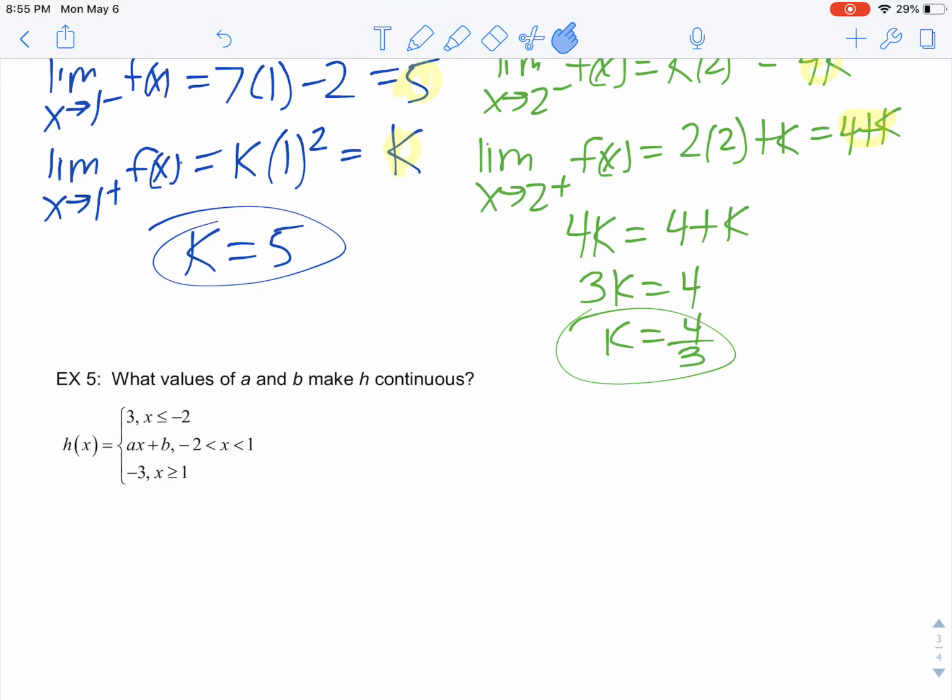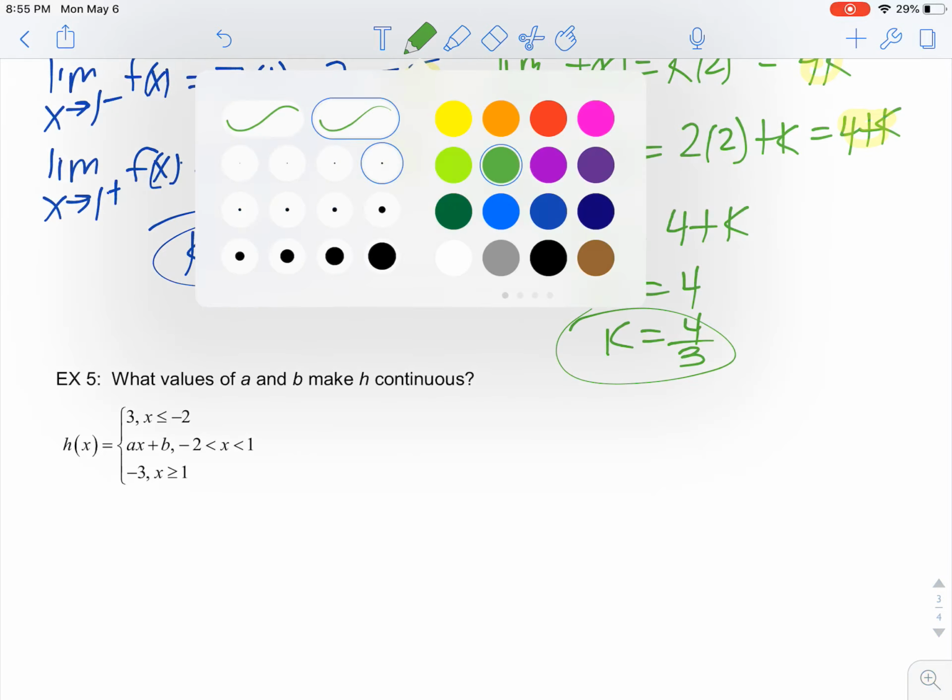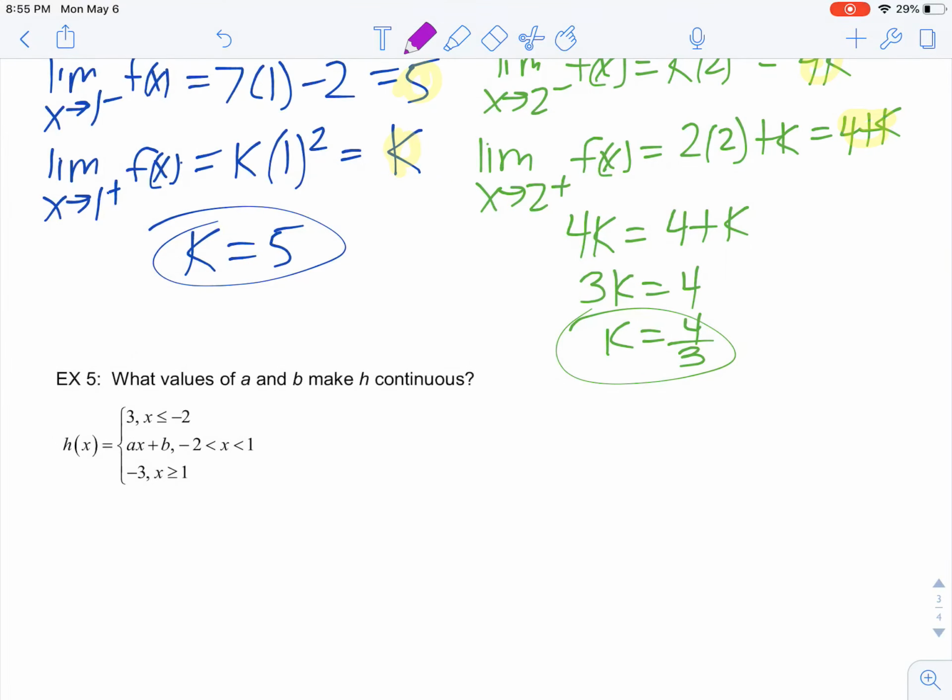Okay, so what values of a and b make h continuous? All right, so we got a system of equations. We have to solve for two variables here. So I am going to check the limit as x approaches negative 2 from the left and right.